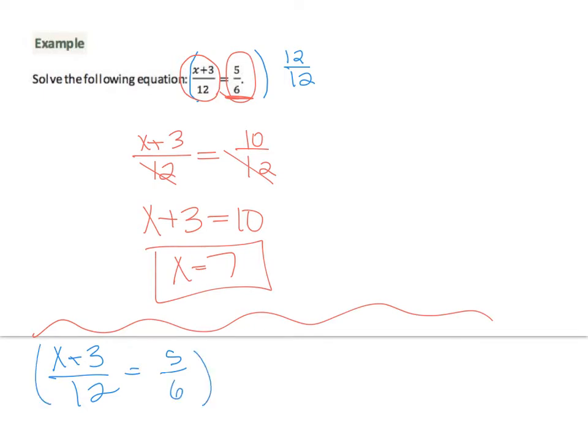If I just multiply everything by 12, that works perfectly great too. 12 times 5 over 6 gives me 60 over 6. So I have x plus 3 equals 10. Exactly the same problem. So x still equals 7. So again, use what method makes best sense to how you do math, and we will get the same answers in the end.